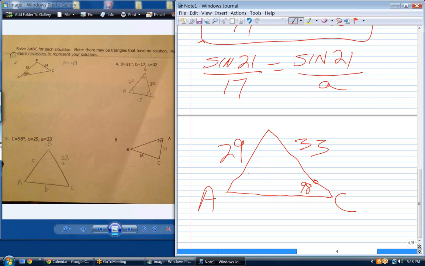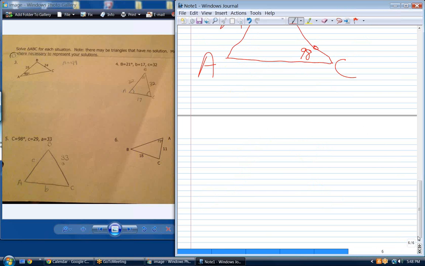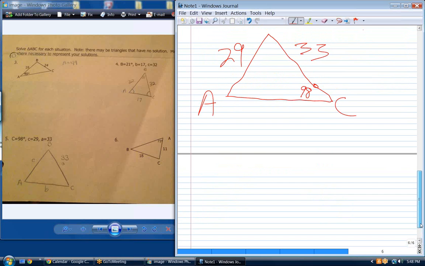So notice that in problem 5, we actually have the same situation. We have angle, side, side. However, in this one, we don't have to worry about the ambiguous case at all, because that angle is greater than 90 degrees. So help me solve it.